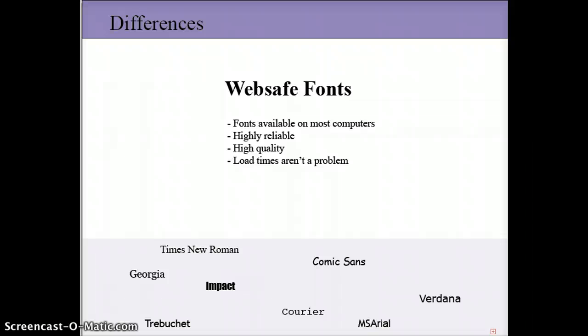So Courier is kind of like the old wartime feel to it back in the early 1900s, and then Impact is more used for dramatic web uses and that kind of thing. So mostly you're just limited to Arial, Times New Roman and Georgia.